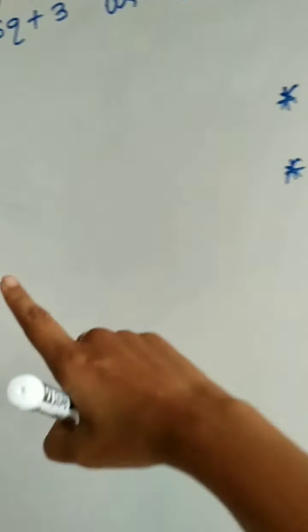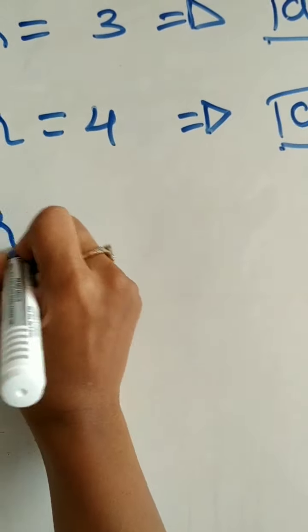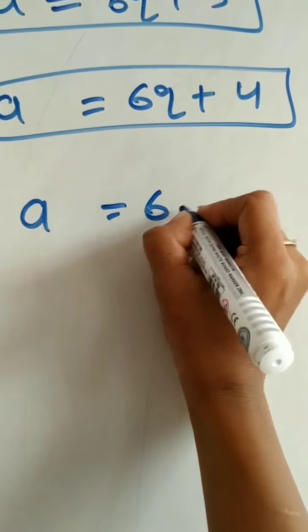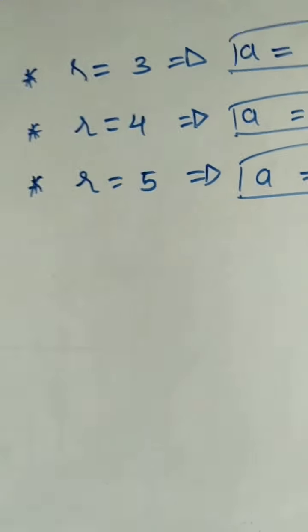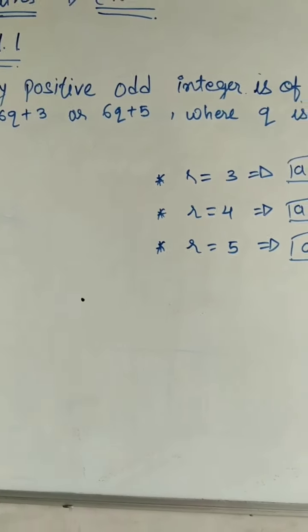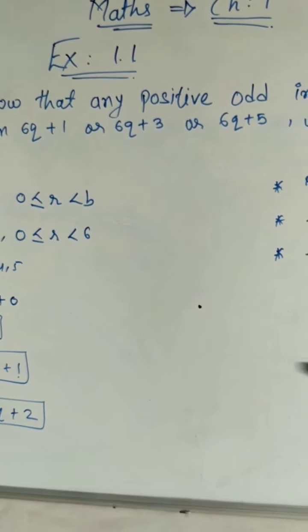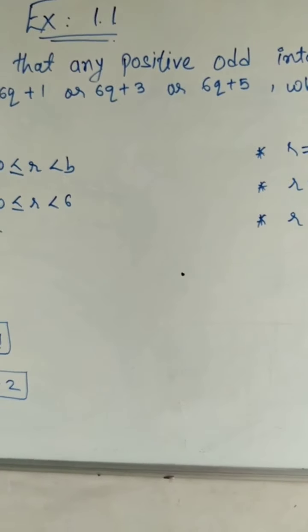And the last one, we can see that r has the value 5. So if we substitute r equals 5, we get a equals 6q plus 5. So the simple thing we have to find out is that we have to prove that 6q plus 1 is odd, 6q plus 3 is also odd, and 6q plus 5 is also odd.